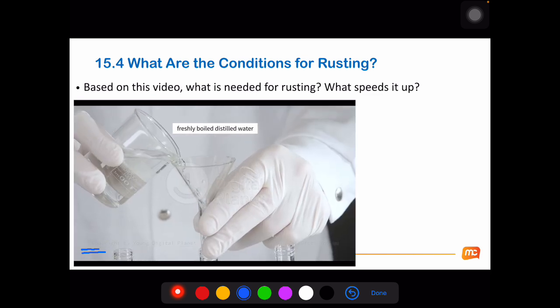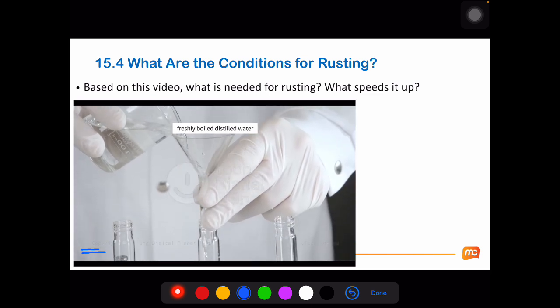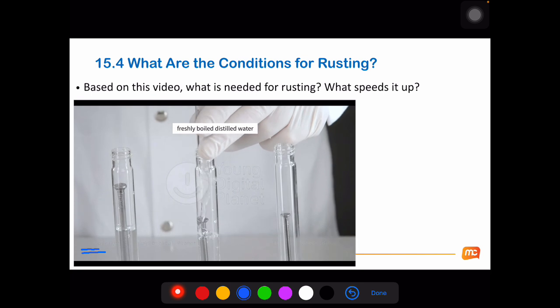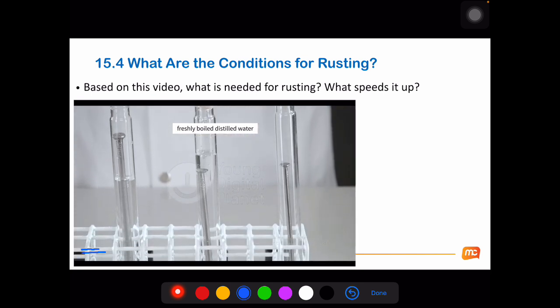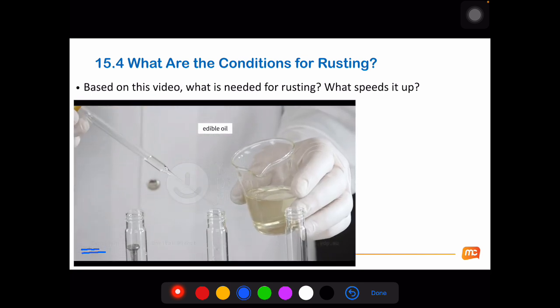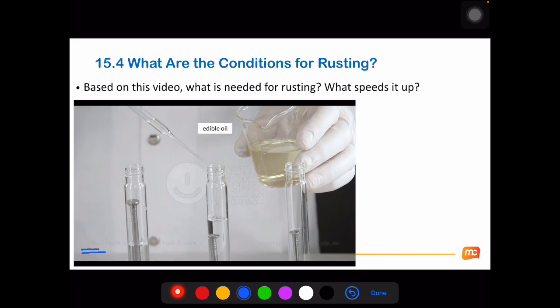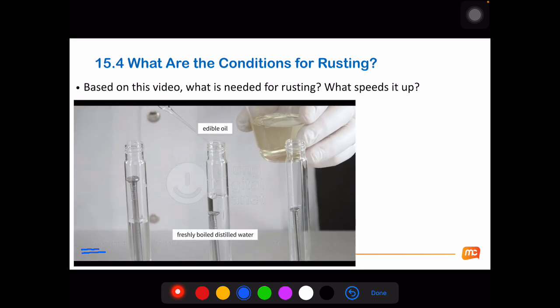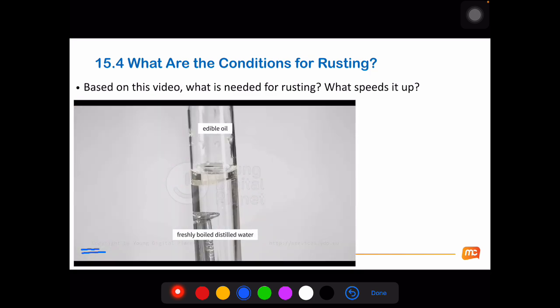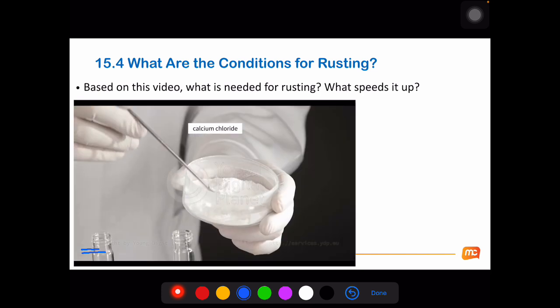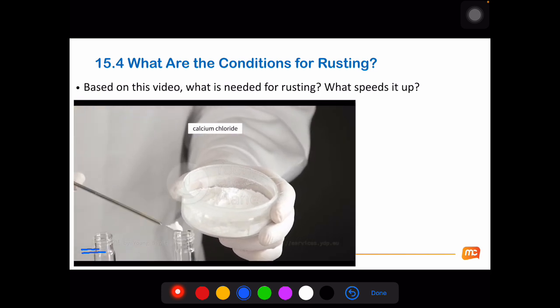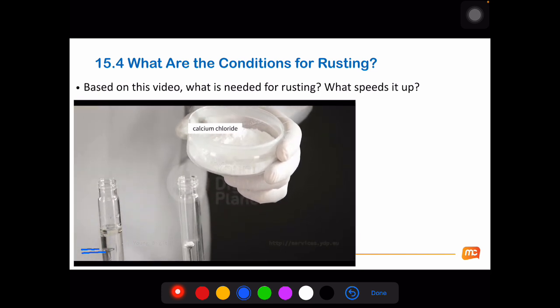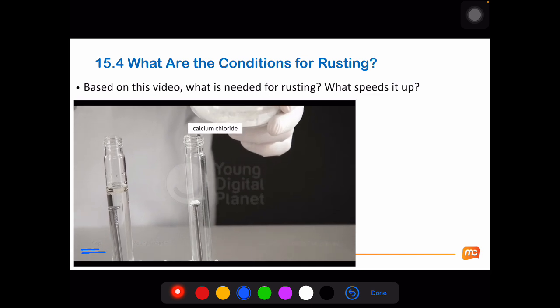We add freshly boiled distilled water, which contains less dissolved gases from the air, and a little edible oil to the third test tube. The layer of oil will prevent the air in the test tube from dissolving in the water. We add calcium chloride, which will absorb the water vapor present in the air, to the fourth test tube.